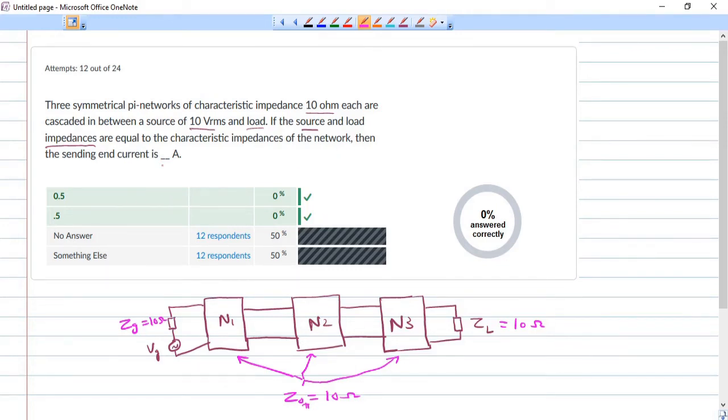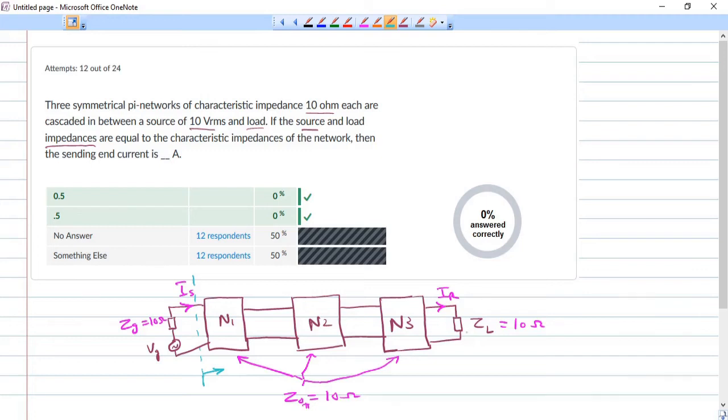Then the sending end current is, so we have sending end current Is here, and we have a receiving end current IR at the load end. But we are asked what is the sending end current Is. So when we look at this network from the input side, what is the impedance that we can see?